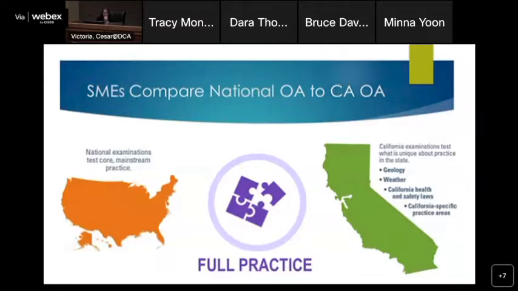Sometimes we find there are gaps in the national exam that need to be measured. Not always. Sometimes they can be covered through an attestation where somebody acknowledges that I am responsible for the laws and regulations, and that's sufficient. It depends on where you have enforcement issues, and then the criticality of these different competencies that might not be assessed.